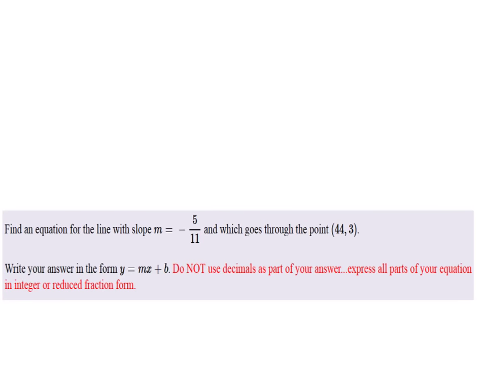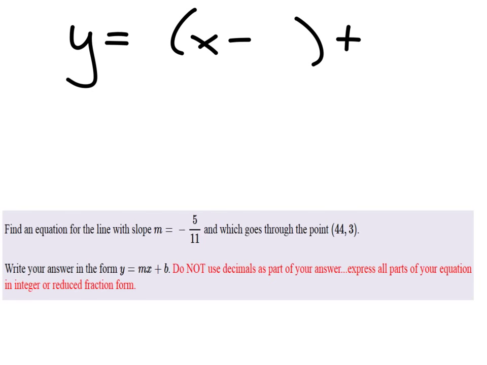Find an equation for the line with slope negative 5/11 that goes through the point (44, 3). This is great because it gave us a nice fraction to use. This one comes out pretty good though, so don't worry about the fraction stuff, okay? Alright, so point-slope form is what I'm going to do. We can see that the slope they gave us was negative 5/11, and then it gave us the point (44, 3).